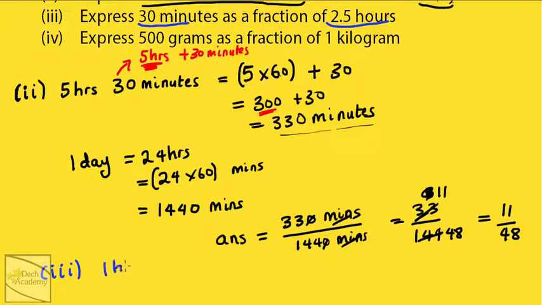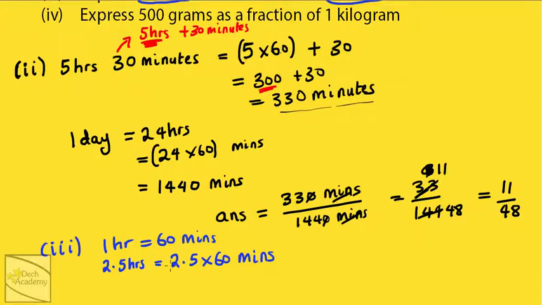Now, if 1 hour is 60 minutes, 2.5 hours is equal to 2.5 times 60 minutes, which is equal to 150 minutes.